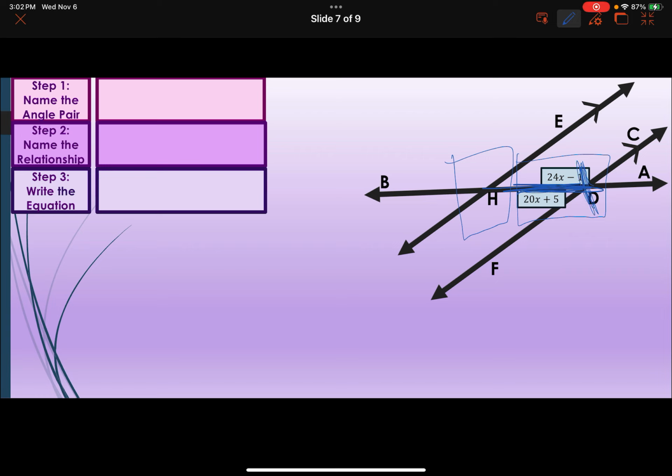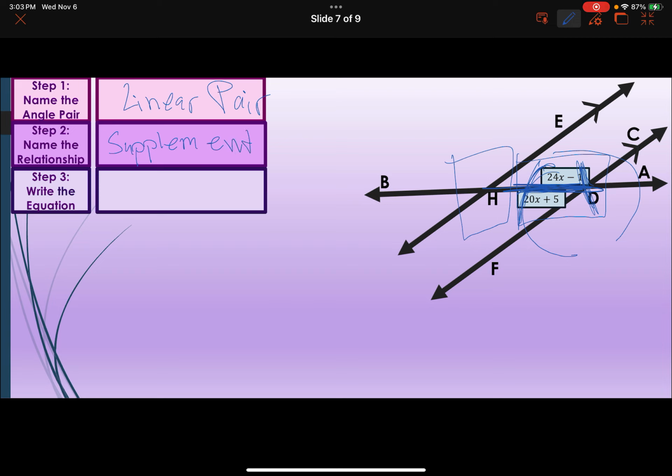If we look, there's just that side in between them. I just have to cross one side to get to them. I don't have to cross two. So that means it's adjacent. Adjacent means linear pair. And linear pair, if we look up, it's the first one on our supplementary poster.